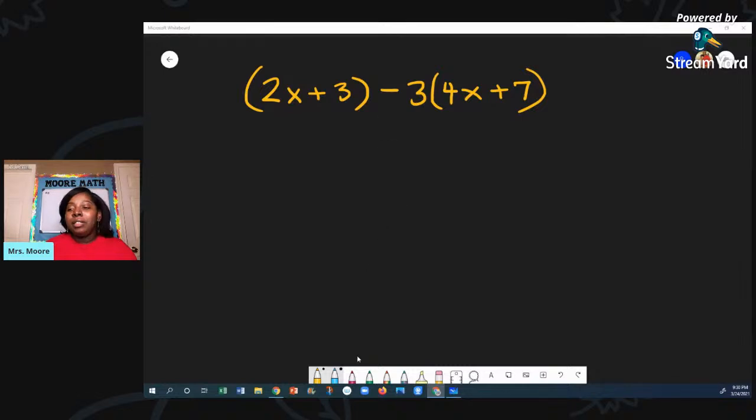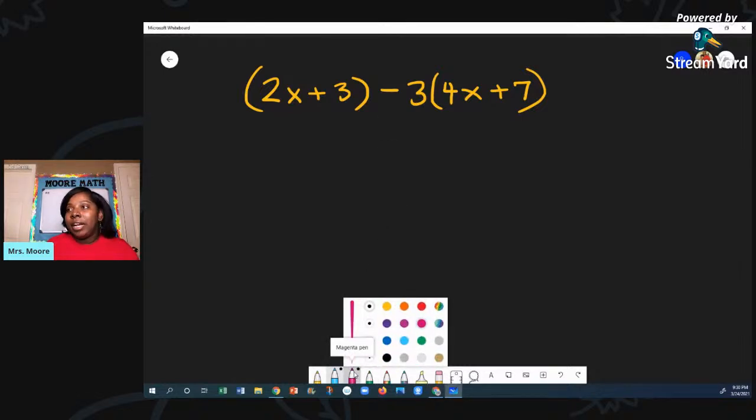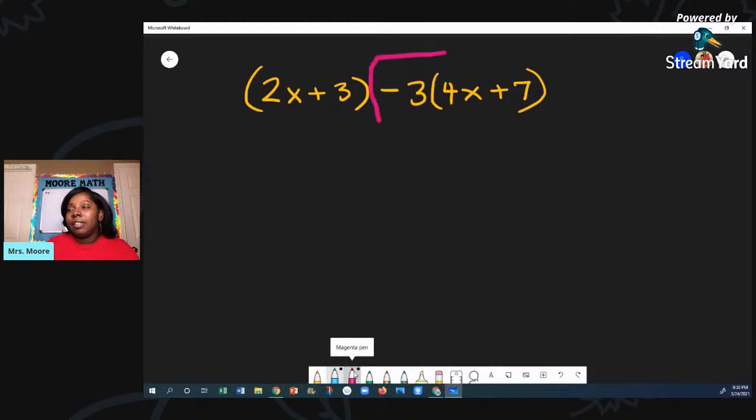But before we can do that, I have this weird thing right here. What do I do? This is what we call the distributive property.